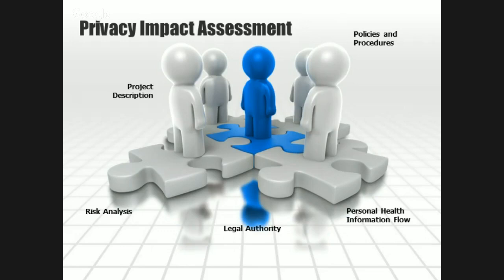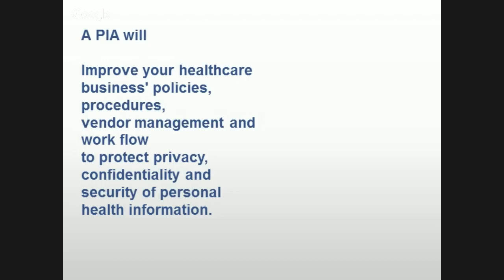So the privacy impact assessment includes those 5 steps. When you have a privacy impact assessment, it's going to assist you. It will help you to improve your healthcare business policies, procedures, vendor management, workflow, and will help you to protect privacy, confidentiality, and security of personal health information.